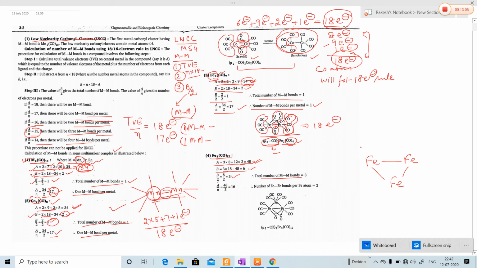Now we have to fix the position of the carbonyl molecules. So there are 3 carbonyls for each iron atom, and 2 of the carbonyls are also present at the bridging position. Similarly, for each iron atom, we have to follow the 18 electron rule.